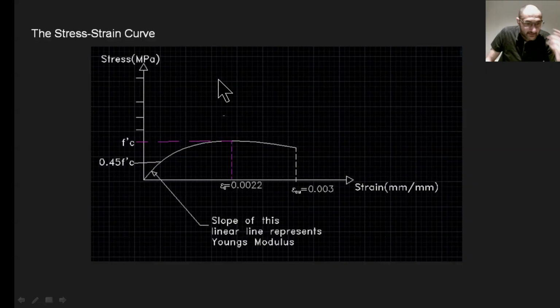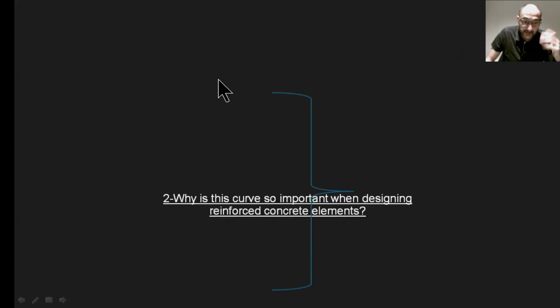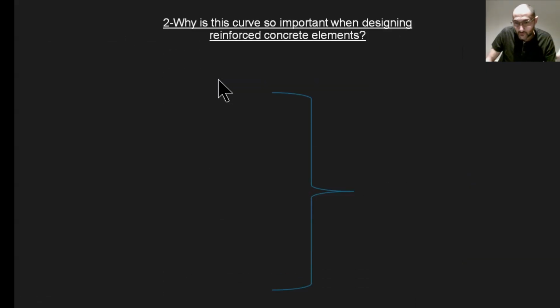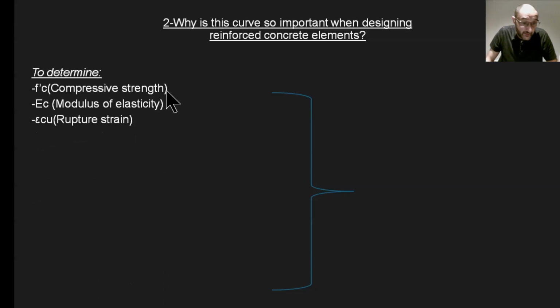Right, so the second main question that we might need to ask is, why is this curve so important when we design reinforced concrete elements? Now, I'm guessing by now you kind of figured out why this curve is important. It's all about the determination of F-C, which is the peak compressive stress, as well as the Young's modulus, or modulus of elasticity, and then the rupture strain.